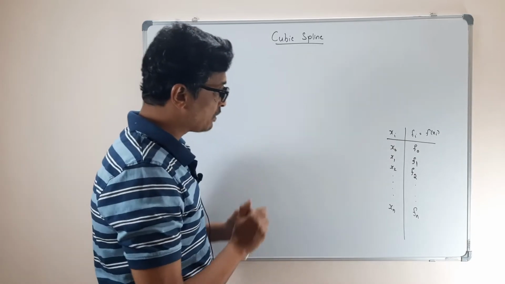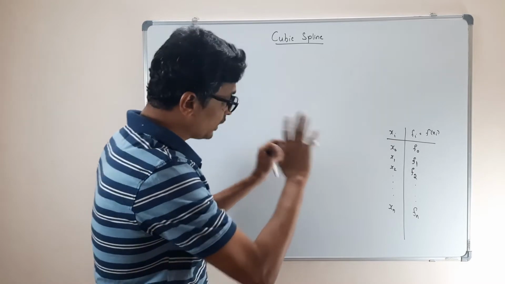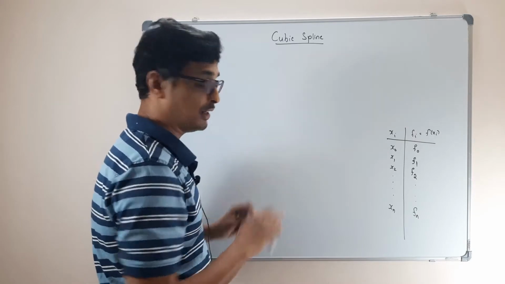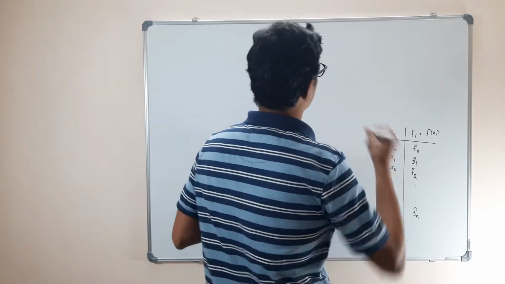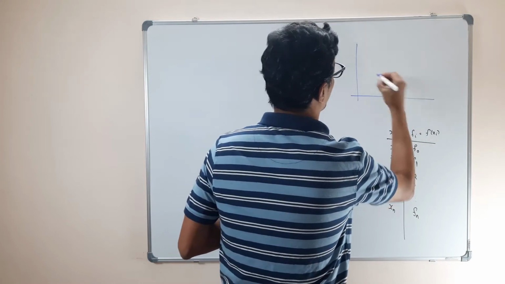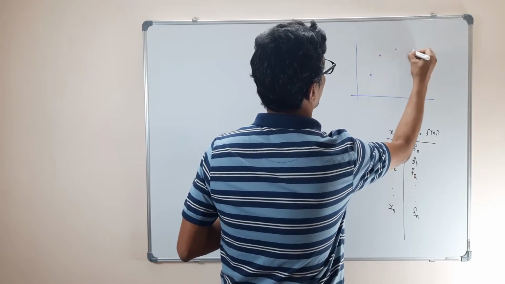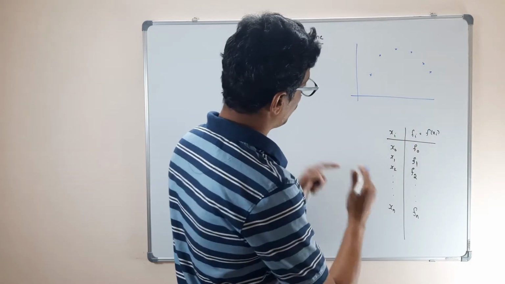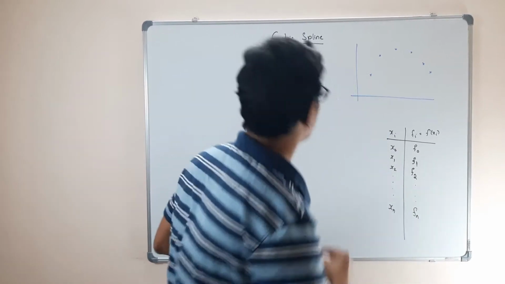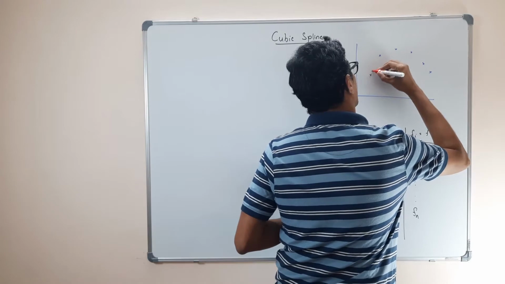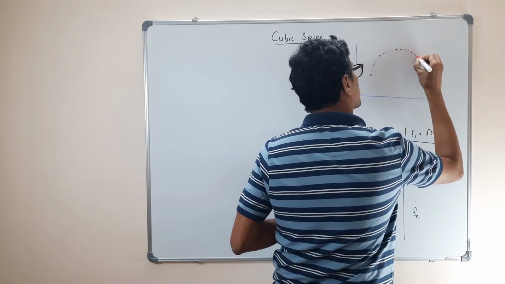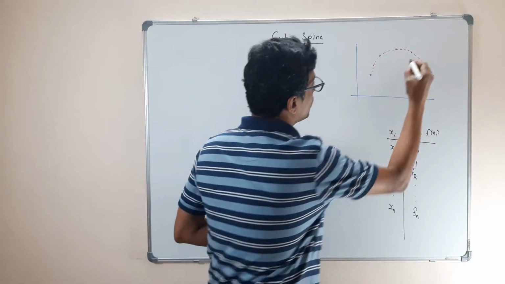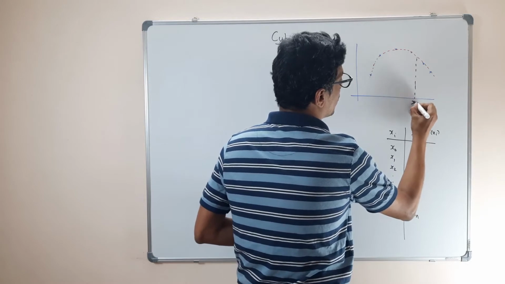The problem with that method is, though it is a very interesting way to interpolate the unknown values, many times it fails. For example, if we try to plot the points we have and we wanted to interpolate, what we are trying to do is construct an nth degree polynomial which passes through all the points and use that polynomial to find out the value of the function at some unknown x star.